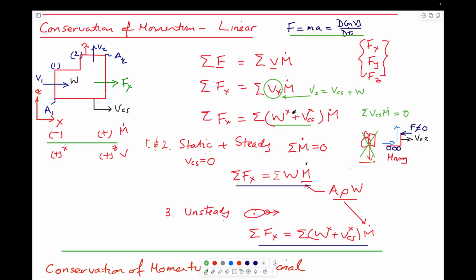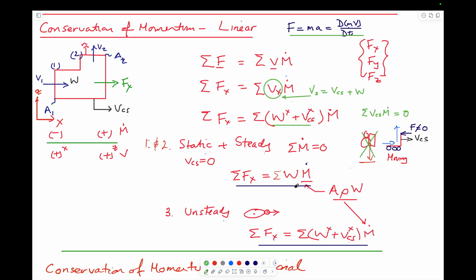And so because that's the case, you can rewrite this equation for steady problems by getting rid of this component here. And so you can write sum of forces is equal to the product of the velocity across the boundary into the control surface multiplied by the mass flow rate.